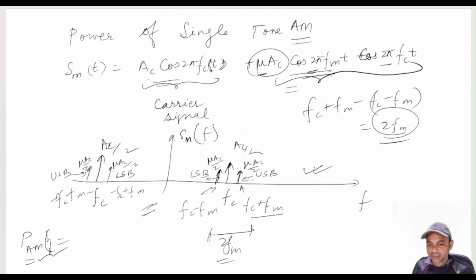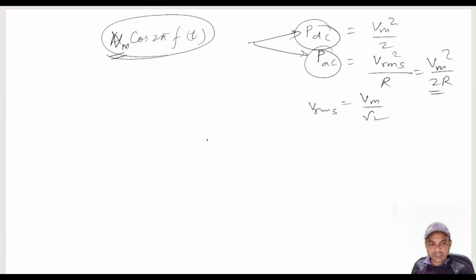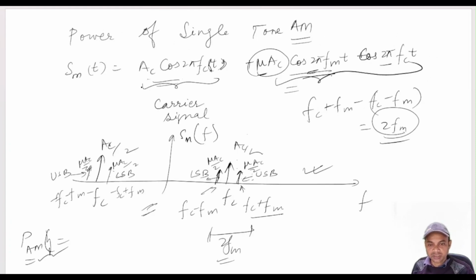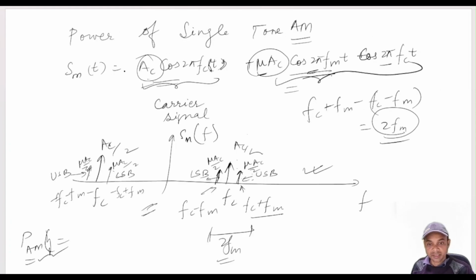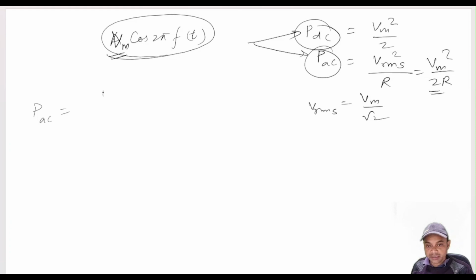We can calculate it by just whole square by 2, and that will give us the power of AM. Then I am calculating the AC power. Here our amplitude is AC, so we can write AC square by 2R.